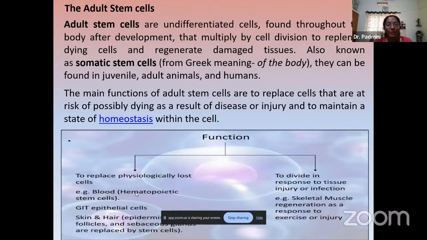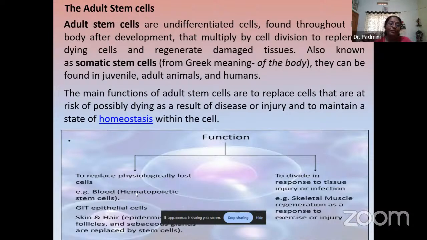You can also repair DNA, because during mutations or excess UV radiation exposure, your DNA can be damaged, or they can copy a different type. All these can be repaired by these stem cells. That is what is called replacing dying cells or regenerating the damaged tissues.